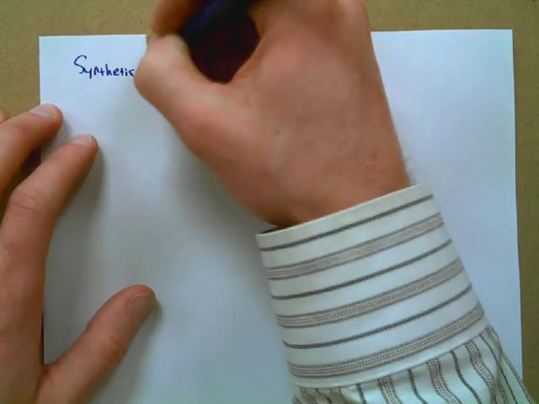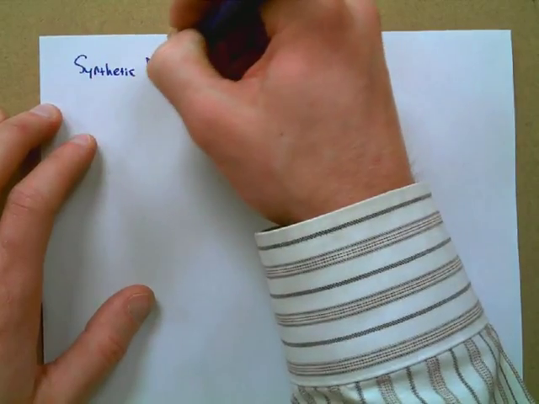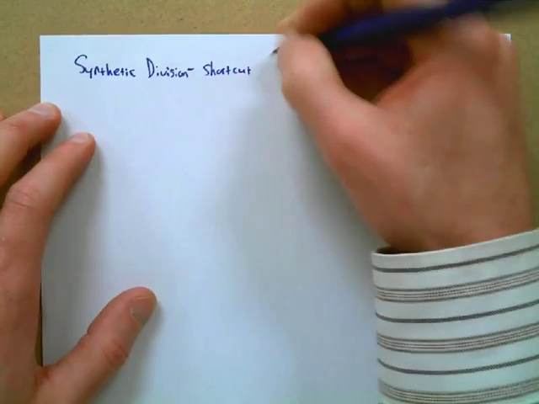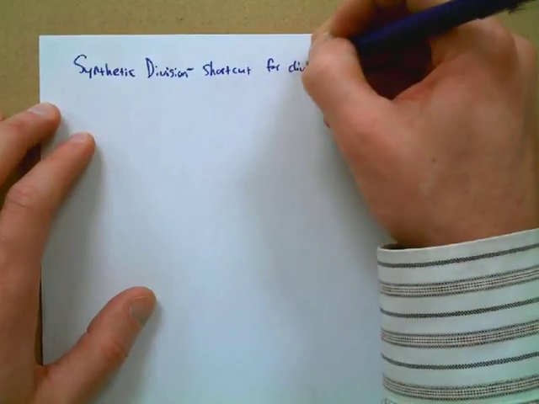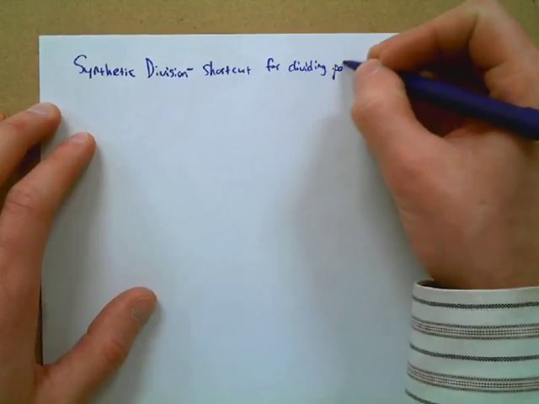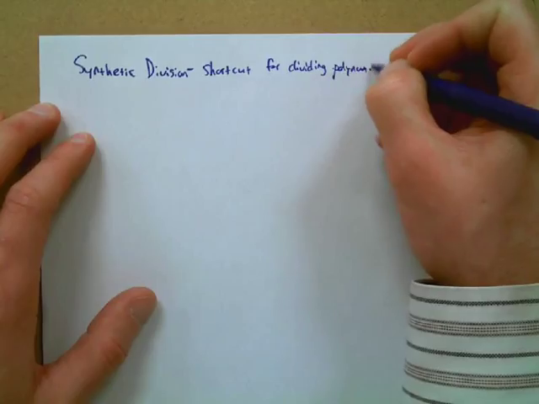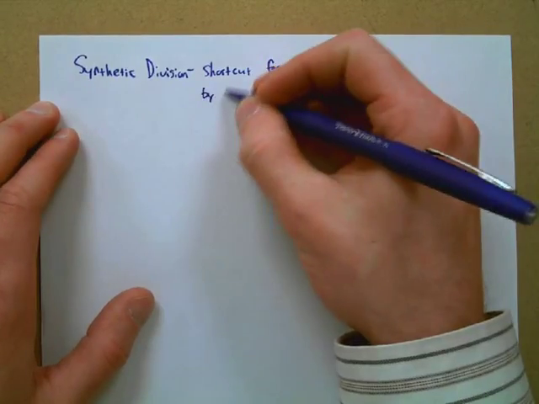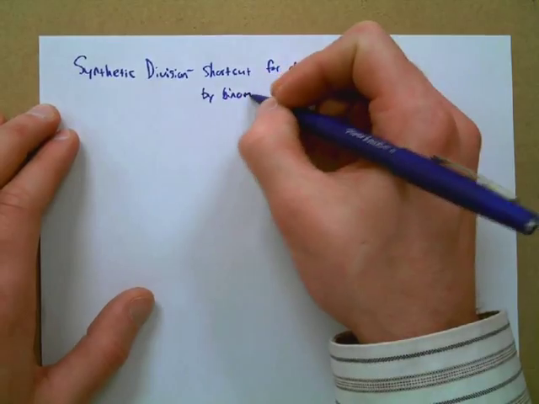Okay, so this shortcut only works if you're taking a polynomial and dividing it by a binomial of the form ax plus b.